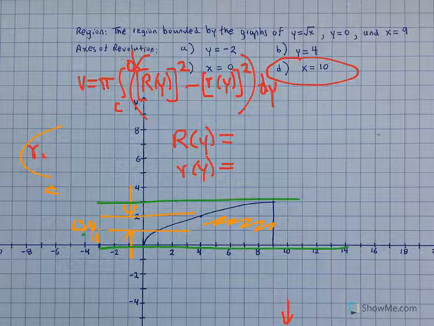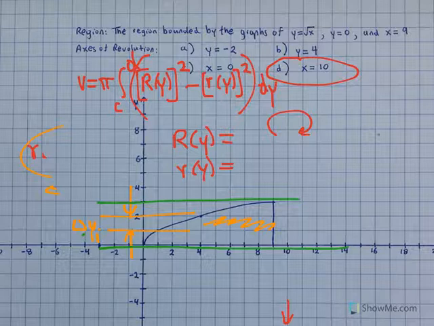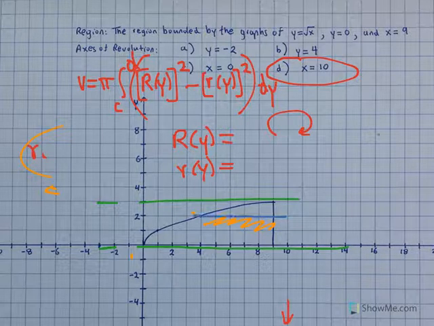So for the uppercase R of y function, we need to find the length of a segment drawn from the axis of revolution to the outside edge of each washer. So here's our axis of revolution. We draw a line segment from the axis of revolution to the outside edge of each washer. So that's what we have.